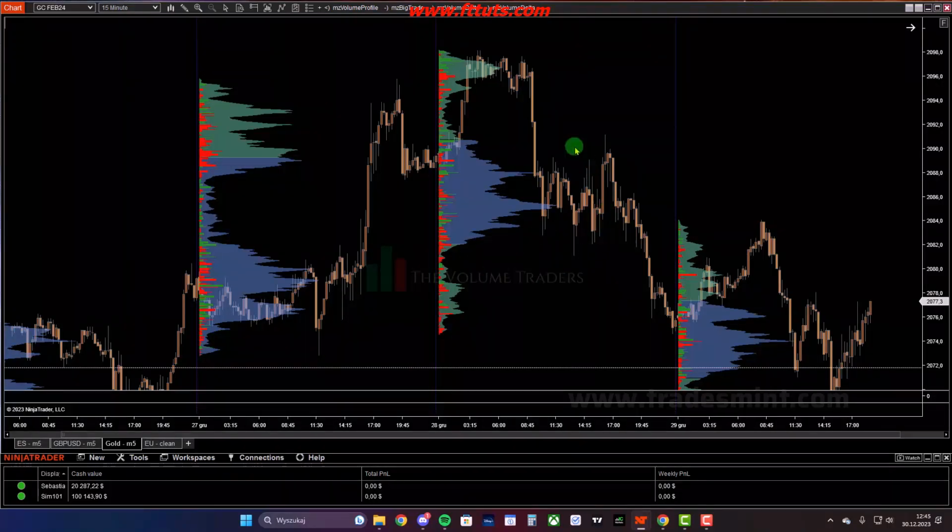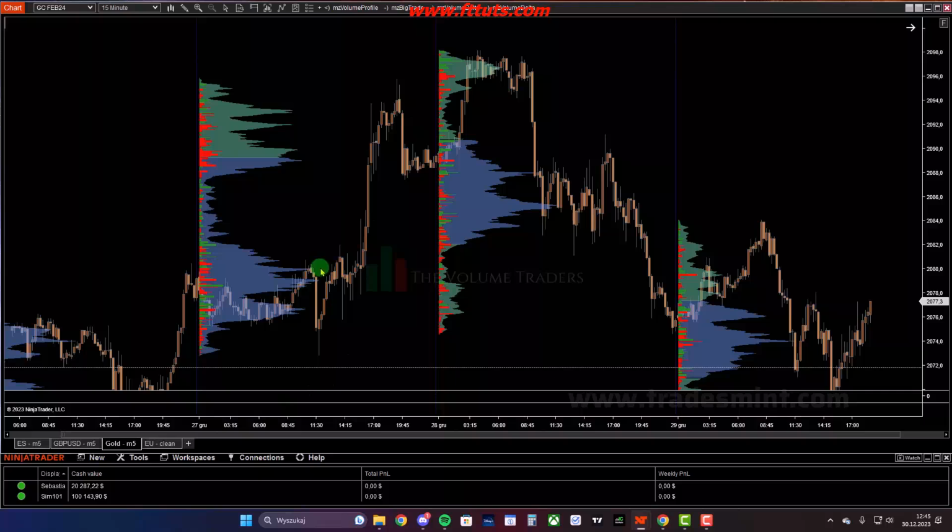Let's say we are looking for a setup in this day. So I'm using the volume profile for a previous day to see how the price behaved. Very easy to spot that here in this range there was a lot of accumulation of volume before the price shot up.